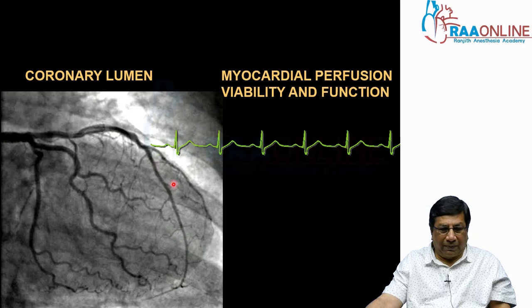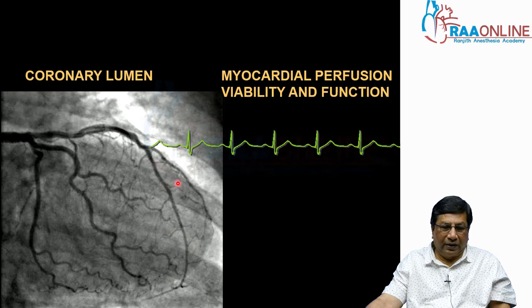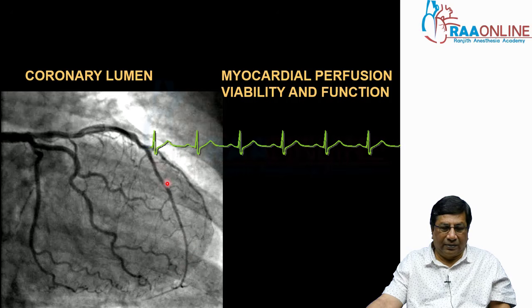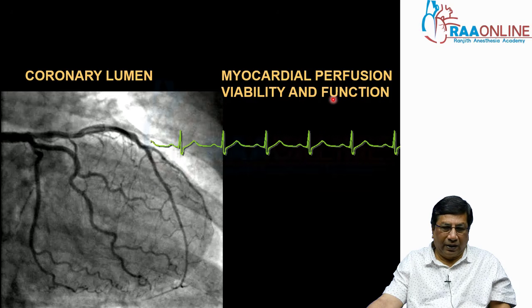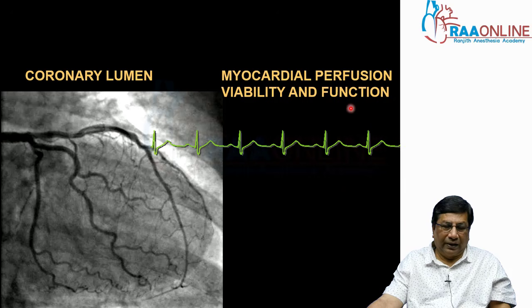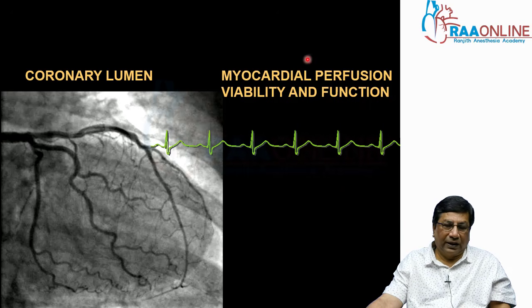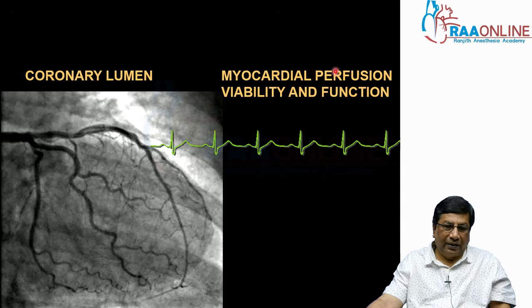If the myocardium supplied by this obstructed artery is going to be scarred, there is no point in revascularizing this particular obstruction. So that crucial information is given by the electrocardiogram. And the electrocardiogram also gives you some indirect information about the myocardial function. So these are three informations you must get from electrocardiogram, namely the perfusion, viability, and function.